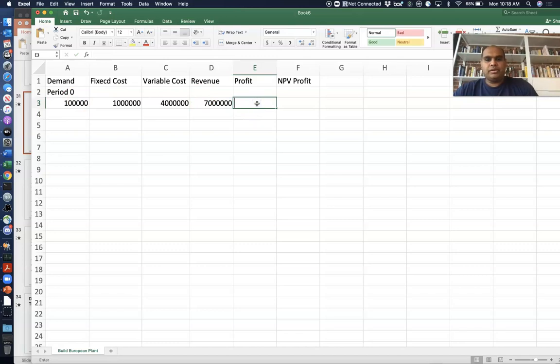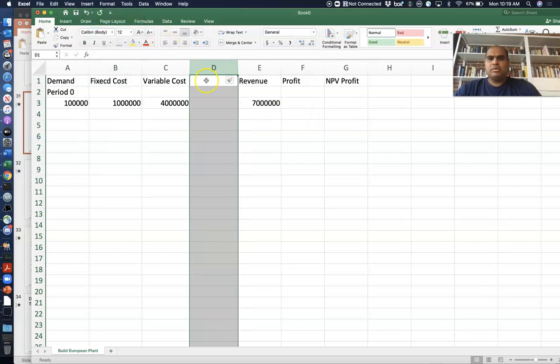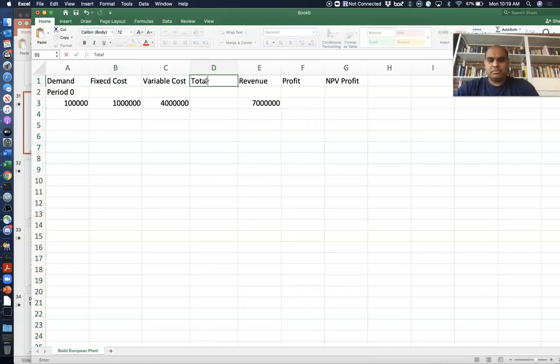And profit is, let me calculate total cost here. I guess we didn't have to do that, but hey, why not? Right. So net present value of profit, we will calculate that later. Let's get period 1.